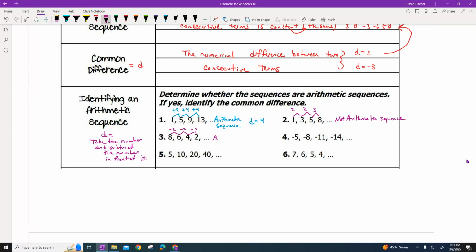So this one's an arithmetic sequence, and my d is -2. Let me fix that right there because I misspelled that word.